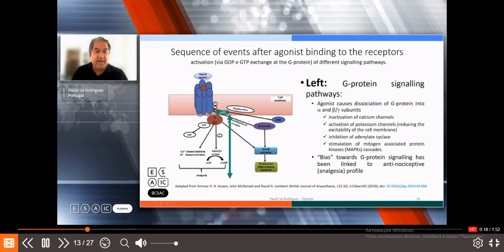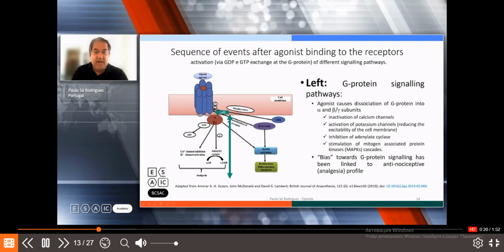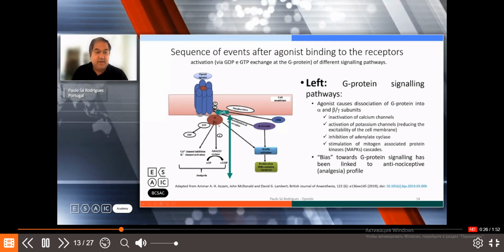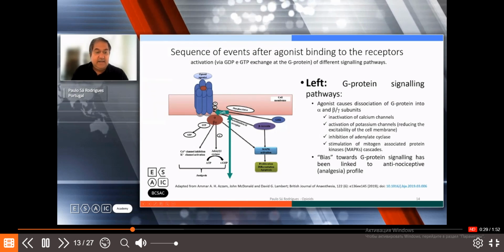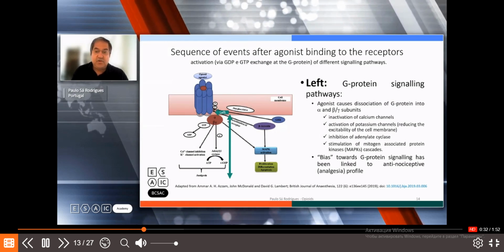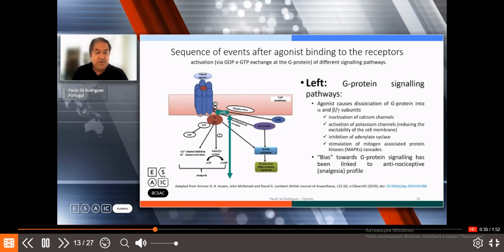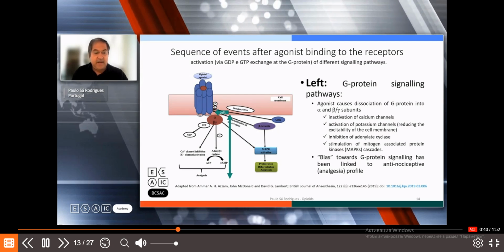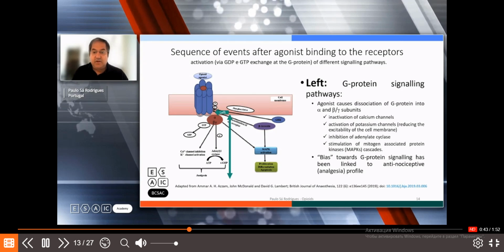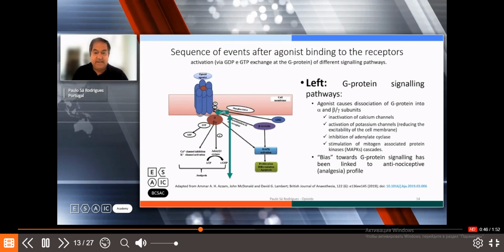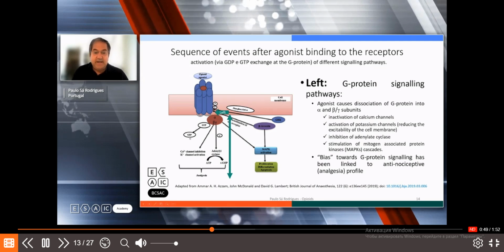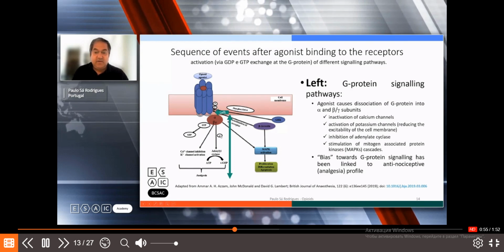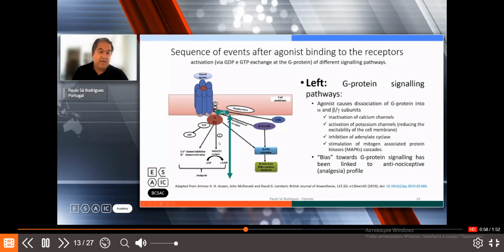After binding, the agonist causes a dissociation of the G protein into alpha and beta-delta subunits, and this dissociation causes the inactivation of calcium channels and the activation of potassium channels, inhibition of adenylyl cyclase, and the stimulation of mitogen protein kinases. So an opioid that has a bias towards this G protein signaling has been linked to the anti-nociceptive or analgesia profile.